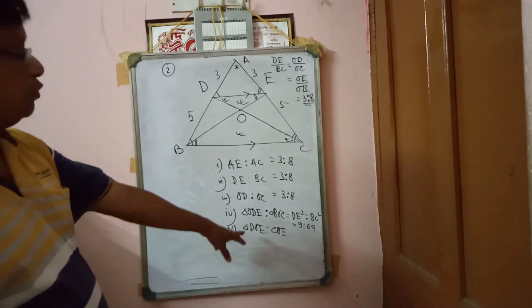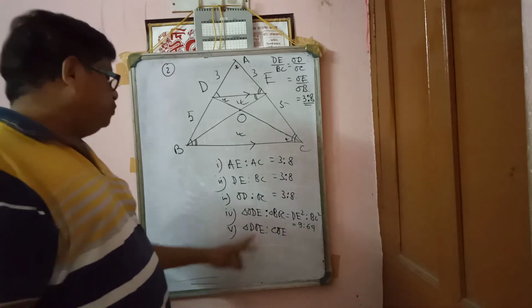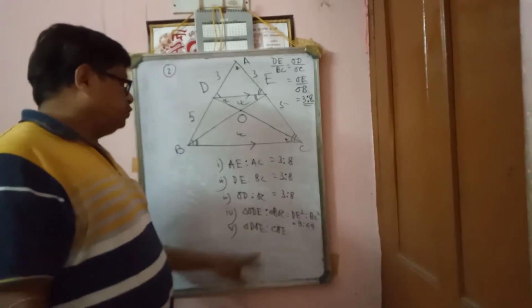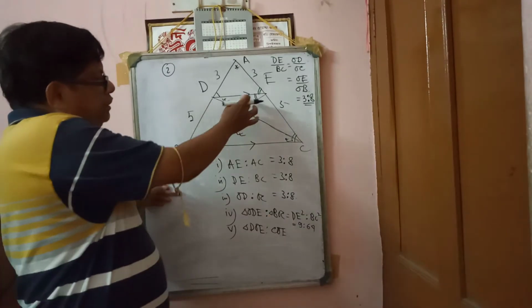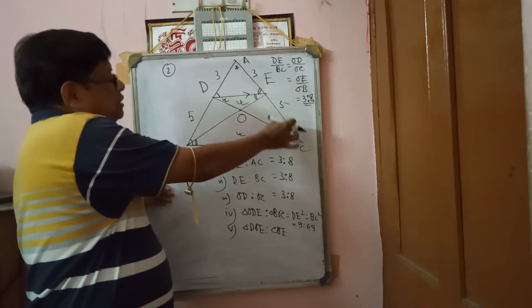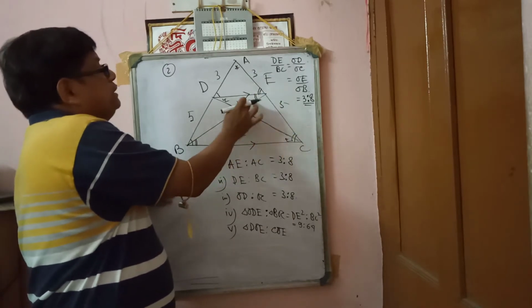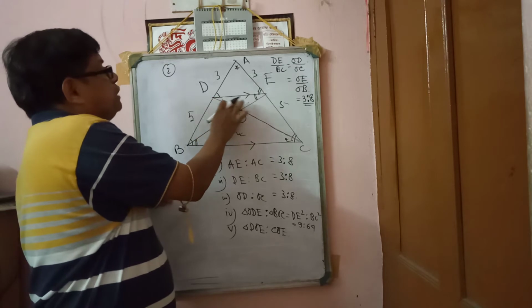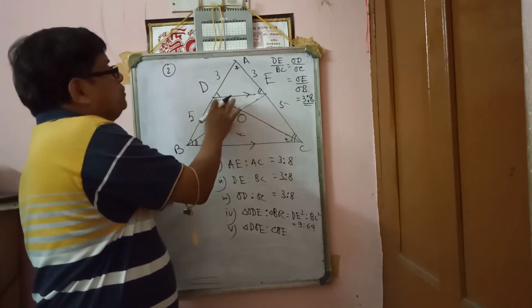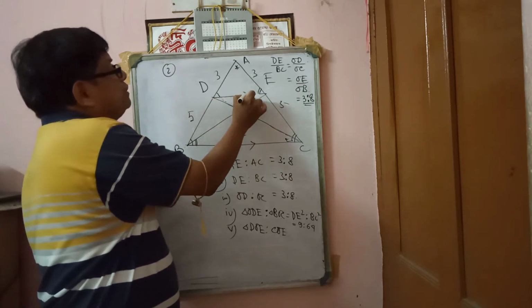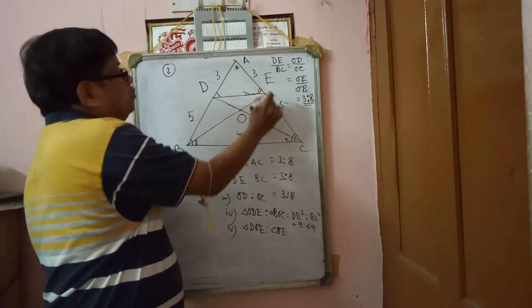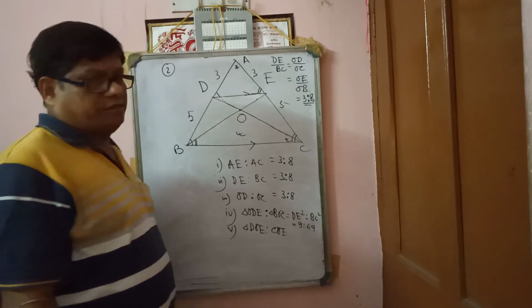Now the last one, area of DOE to area of COE. If we consider these two triangles, they are not similar, so how do we find the ratio of area?